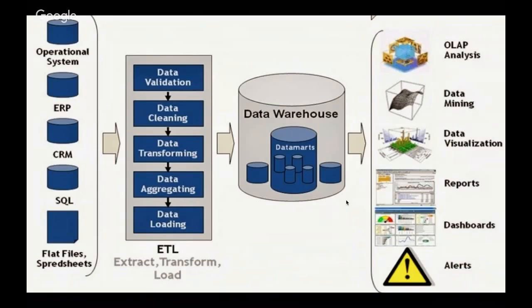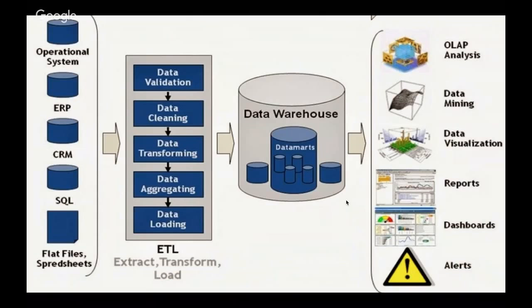Next to that, we have ETL, which is extract, transform, and load, which includes data validation, data cleaning, data transformation, data aggregation, and data loading. Then we have the data warehouse, which consists of data marts. And finally, we have OLAP analysis, data mining, data visualization, data reports, dashboards, and alerts.